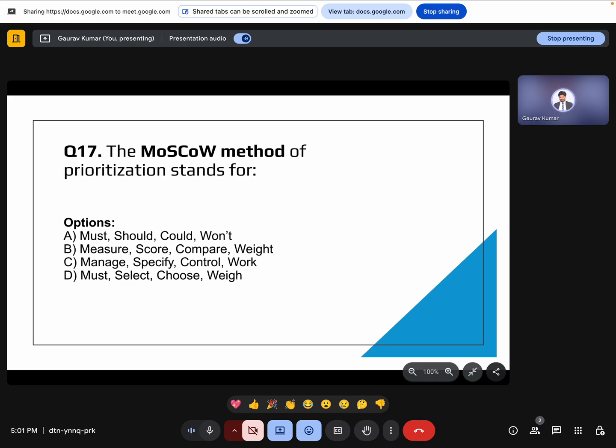So the correct answer is must, should, could, want. For example, in a crutch, must have a stable grip, should be lightweight, could have an LED light, and won't include a smartphone holder. The other options are incorrect because they expand MoSCoW into unrelated or made-up terms. The correct answer is option A.